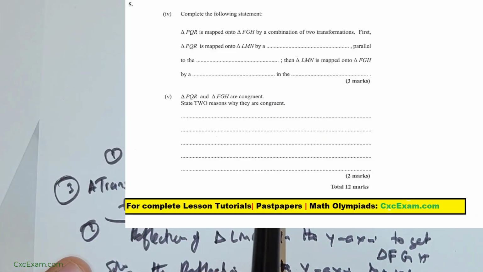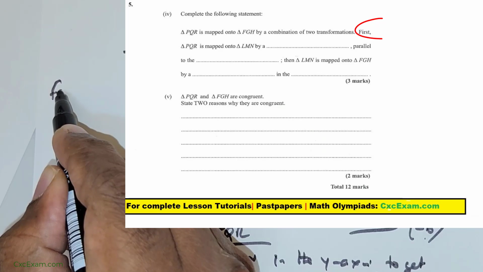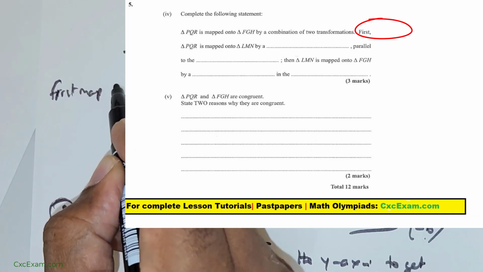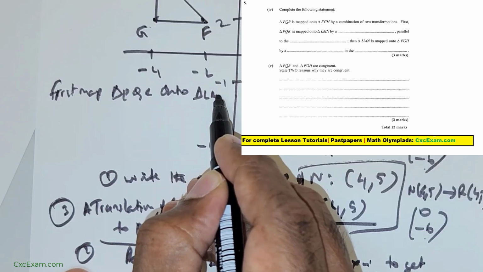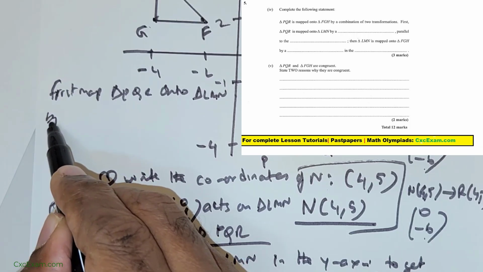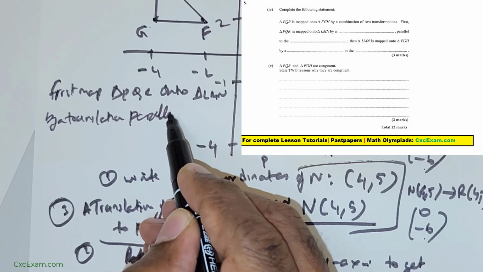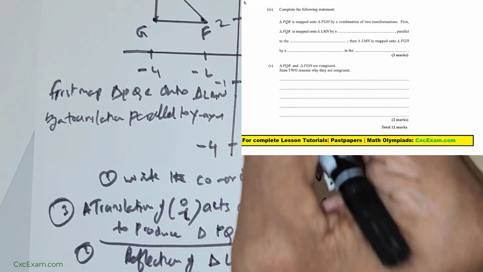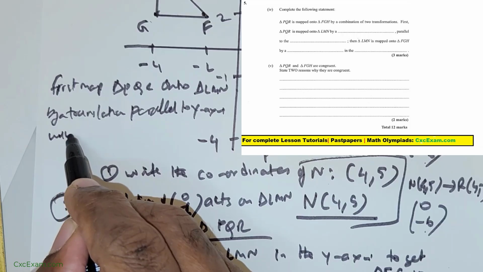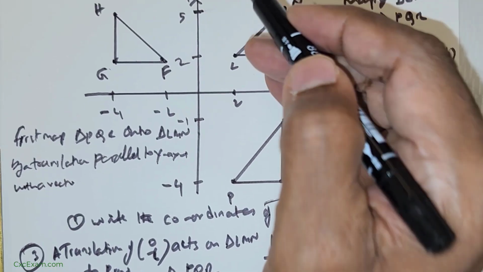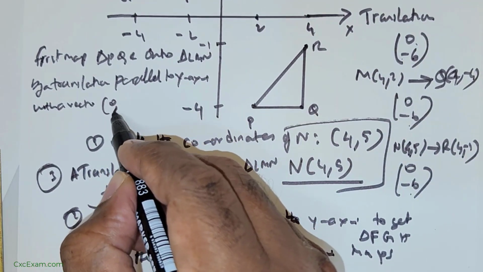So for the next question we have to fill it up, so I will use the space here. So it starts like this. First, map triangle PQR onto triangle LMN by a translation parallel to y-axis, right? But we are along this axis with the vector. Now from top to bottom is 0, -6. From bottom to top it's going to be 0, +6.